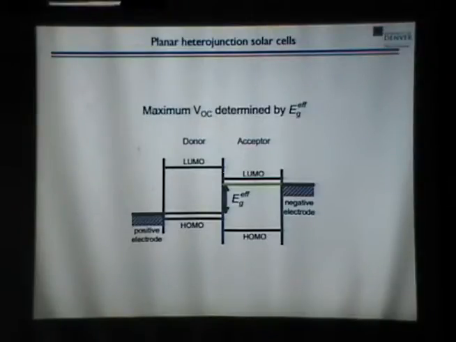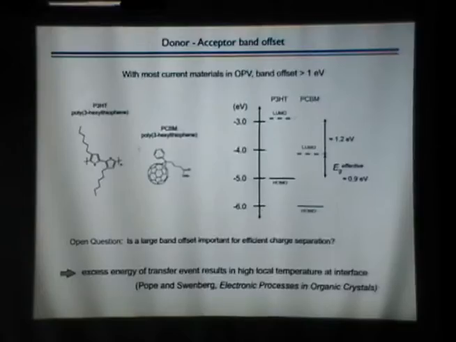Now we have two materials, so we'll make a funny definition for band gap, this cross-material band gap, which I call the effective band gap, between the HOMO of the donor and the LUMO of the acceptor. So that places an absolute upper limit on the voltage. Now in reality, you can never reach that ideal limit because there are recombination processes and other limitations, so our voltage is always substantially less than that.